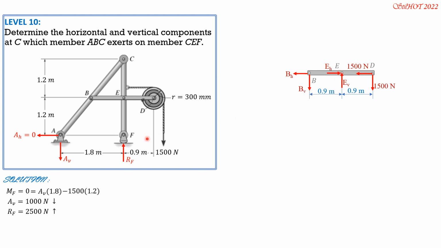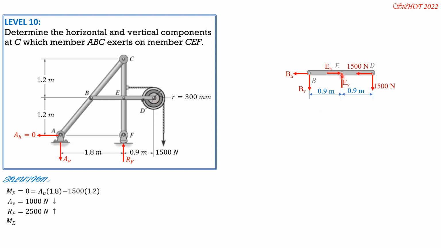This is 0.9 because B is the center of this member. E is also the center of this member. So that's 1.2, 1.2. That's why it's the center. So therefore, this 1.8 is also divided by 2. So that's why this is 0.9 and this is also 0.9. BE is 0.9, then ED is also 0.9 as given in the figure.